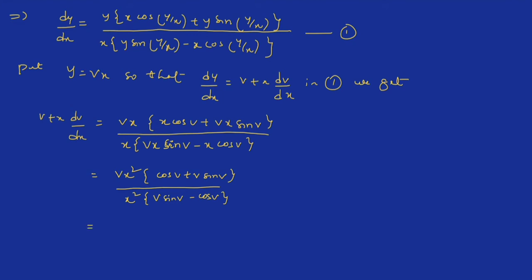Which gives x dv by dx equals, here x square gets cancelled from numerator and denominator. In the numerator remaining, cos v plus v sin v, denominator v sin v minus cos v. The plus v term from the LHS we have taken here, so it becomes minus v.